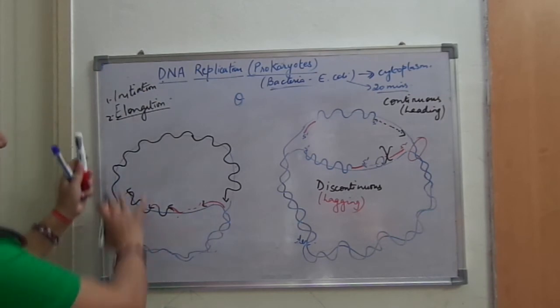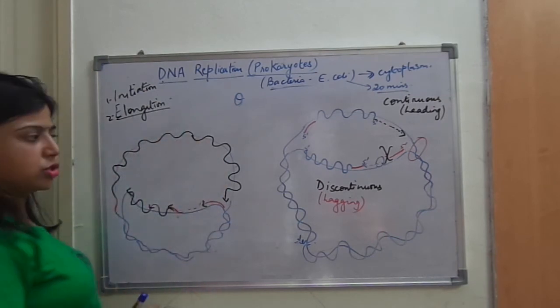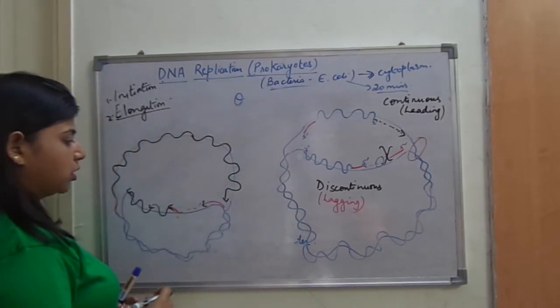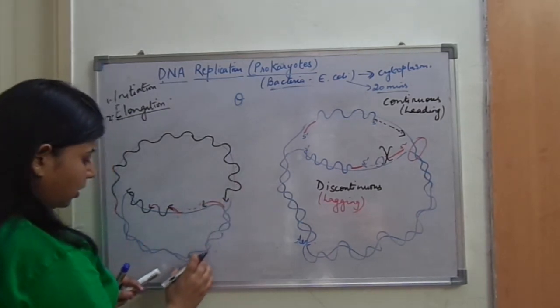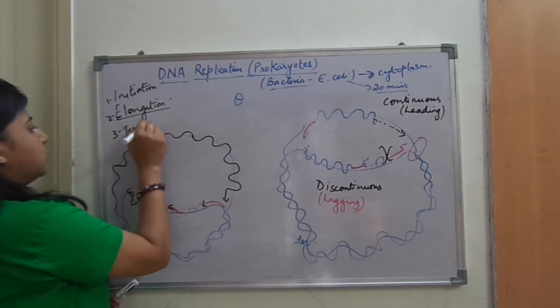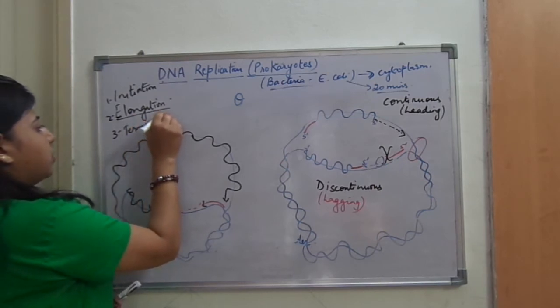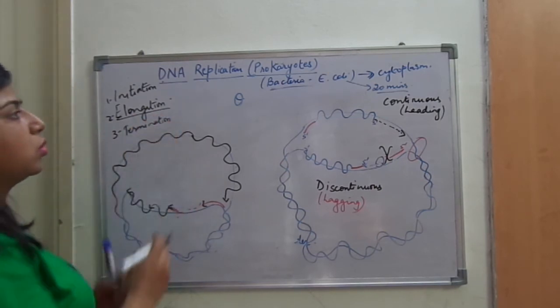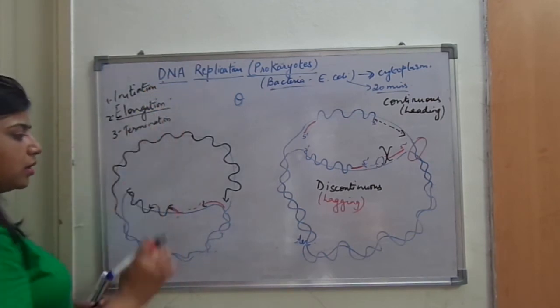This is the exact process of DNA replication in prokaryotes. It's not finished. Now slowly it reaches the other end. We will talk about the third part of DNA replication, that is termination, in a separate video. Here we are discussing only the initiation and the elongation.